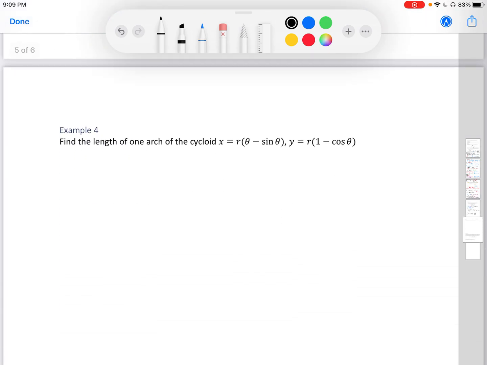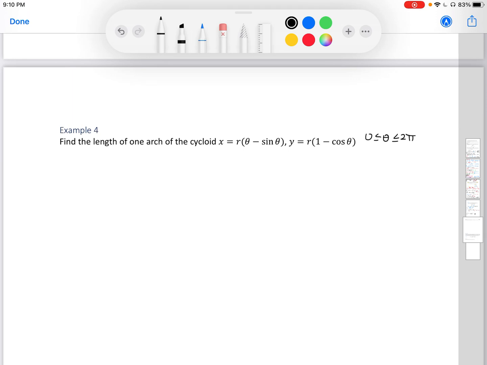Example 4. Find the arc length of the cycloid x equals r times theta minus sine theta, and y equals r times 1 minus cosine theta when theta is between 0 and 2 pi.